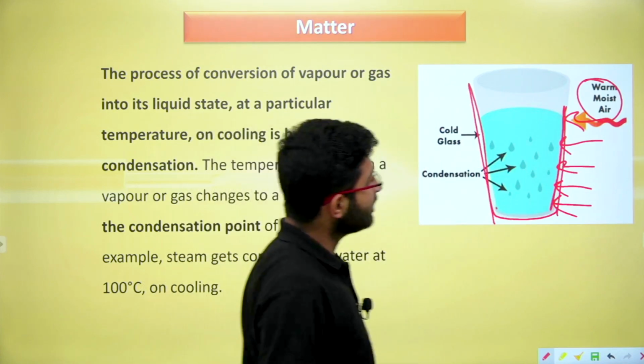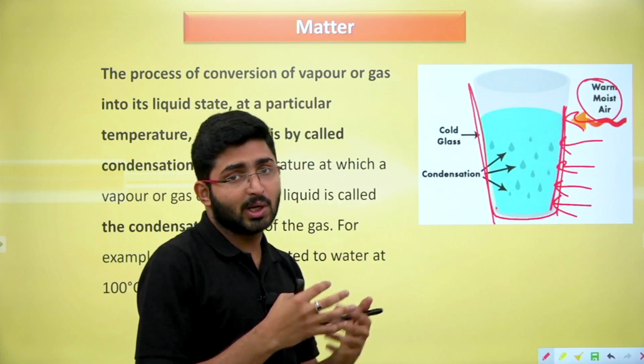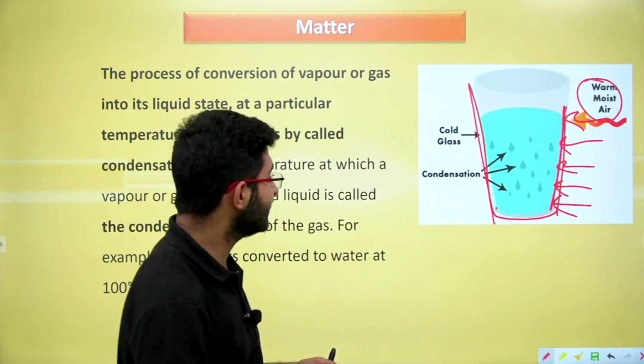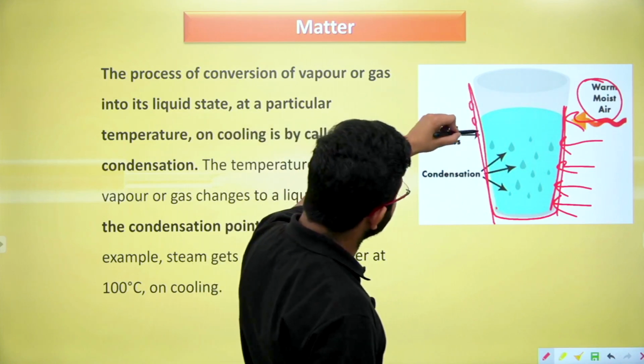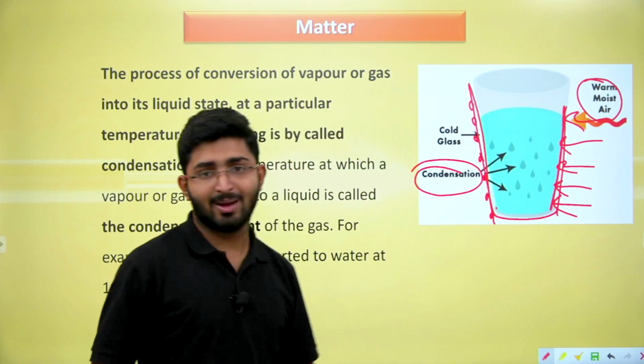So the temperature of the water molecules in the air will be lowered, and that's how they will change from gaseous state to the liquid state, and they will stick at the surface of the glass of water, and that's how condensation happens, right?